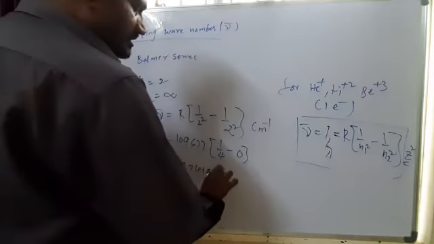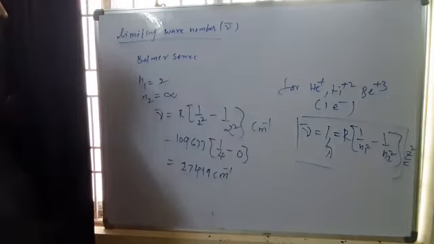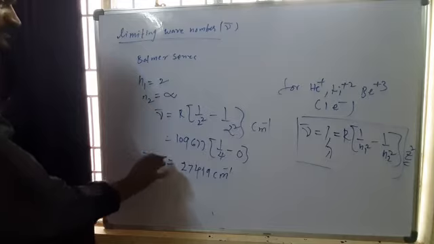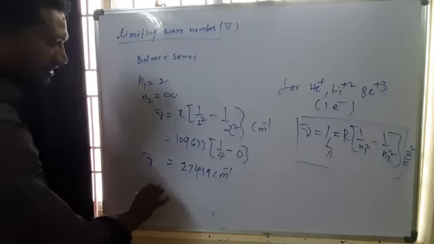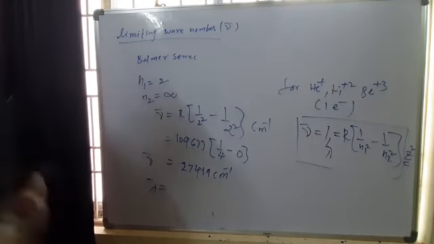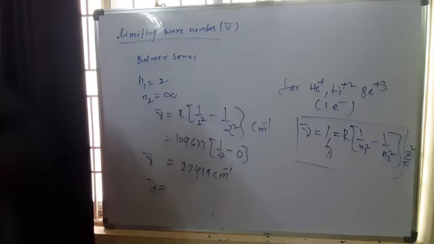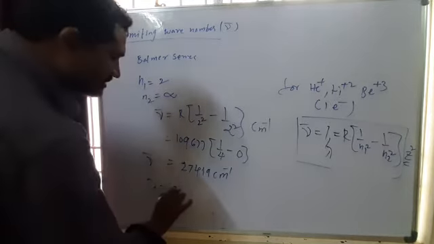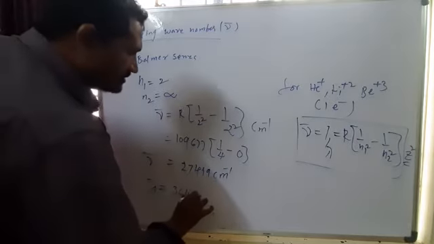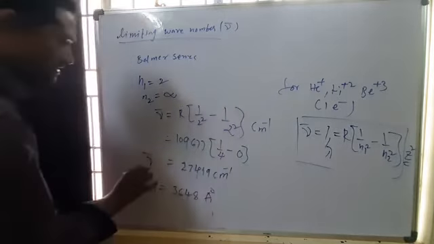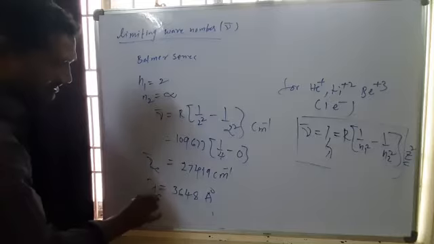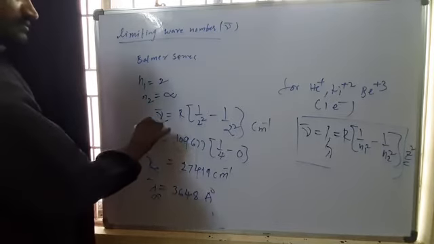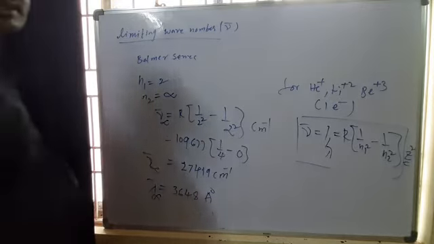So this is the wave number. Similarly, if you simplify the limiting wavelength formula, lambda is 3648 angstrom units. This is the limiting wavelength or limiting wave number for the Balmer series.